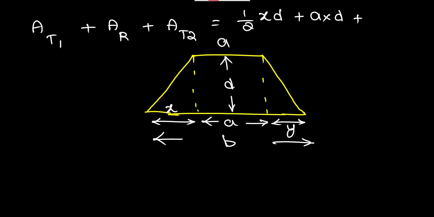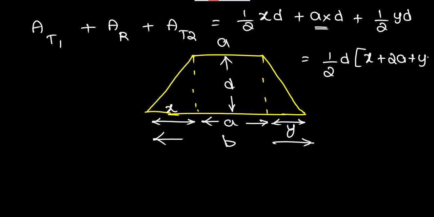Right side triangle: half Y into D. Now I take half D common. Then X plus 2A I have to write. Why 2A? Because I took half common, so I have to write 2A. Then here it is Y. Now, the 2A can be written as A plus X plus A plus Y.